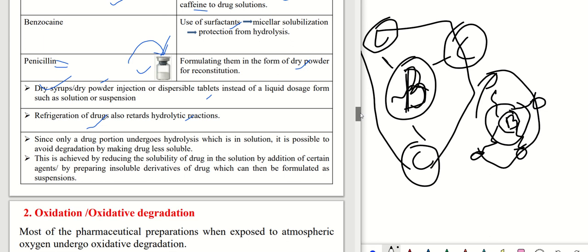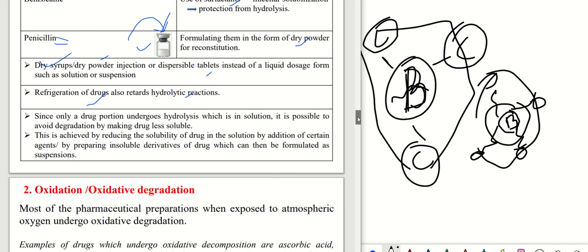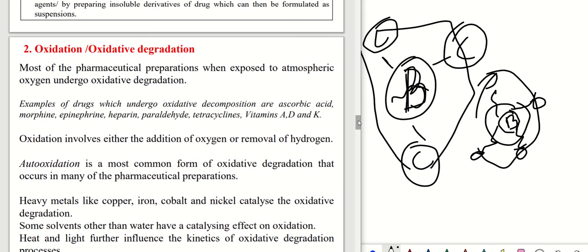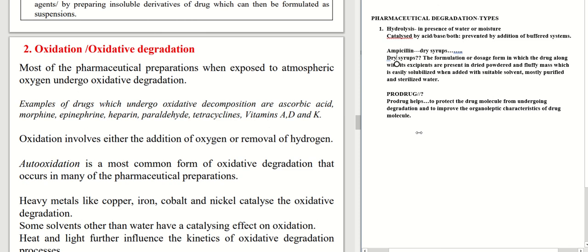Now let us see another mode of degradation. The first one we discussed is hydrolysis. The second one is oxidation, also known as oxidative degradation.